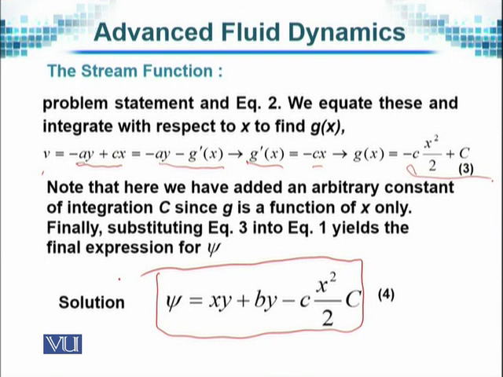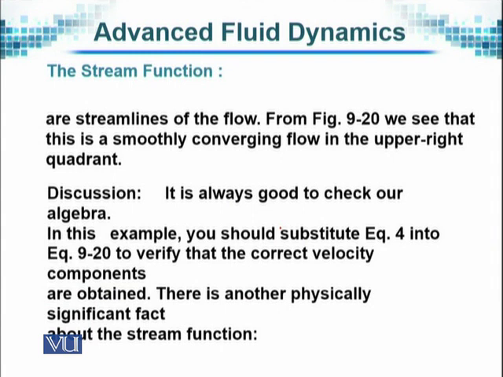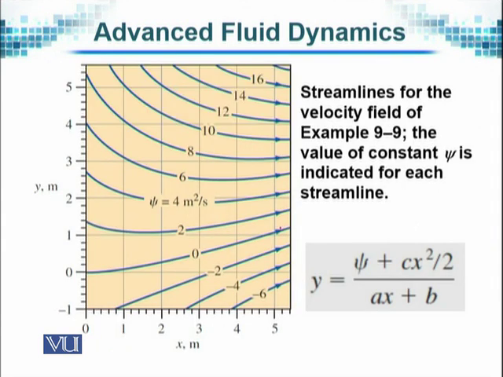And as before, to be able to draw the streamlines and show them in graphical form, we write down y as a function of x: y is equal to psi plus all these functions, and for different values of x and psi, we should be able to obtain the different values, and plotting them, we obtain this diagram in which the velocity field is shown through the streamlines in the positive quadrant.